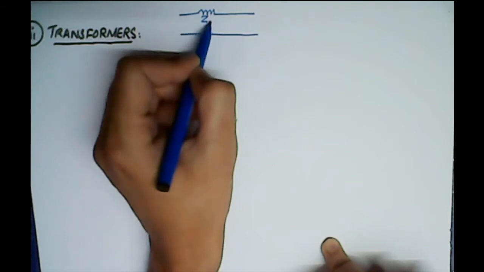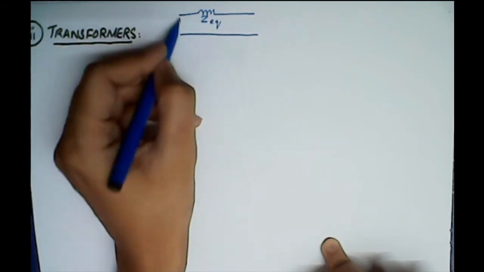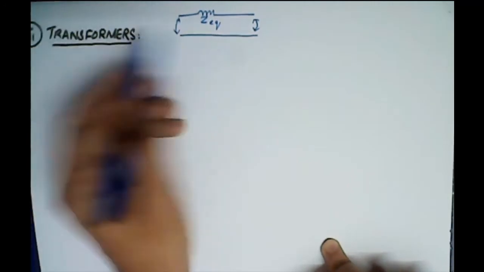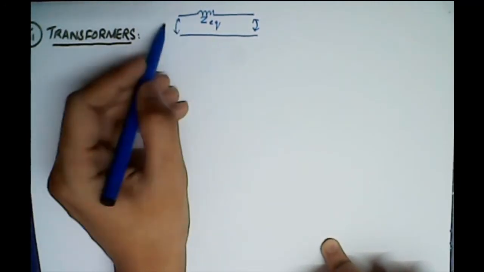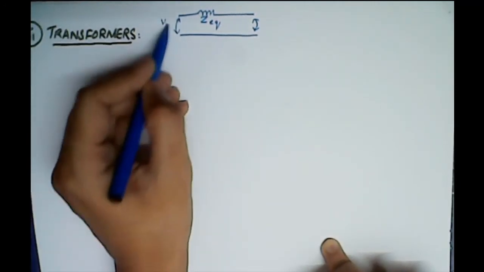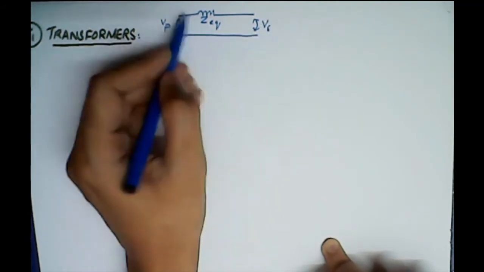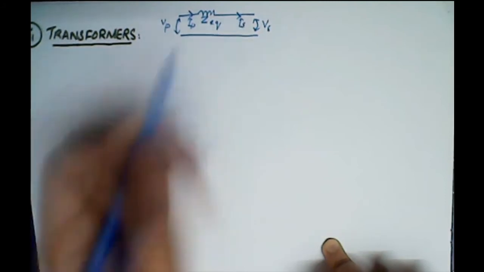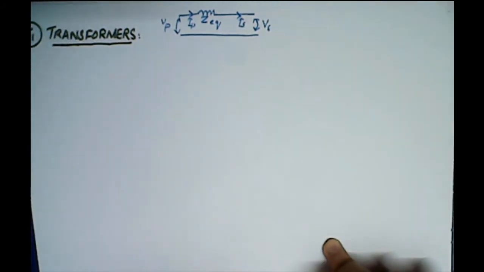This is the equivalent impedance, and this is the primary side, and this is the secondary side, and we refer it to either side, right? So this is Vp and this is Vs. We refer them to either side. This is Ip and Is, and when we include the turns ratio, it either gets multiplied by A square or divided by A square, right?